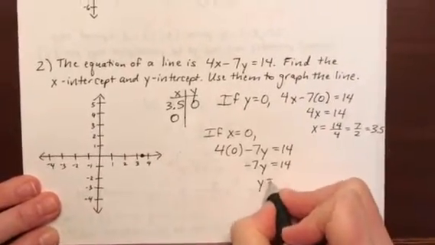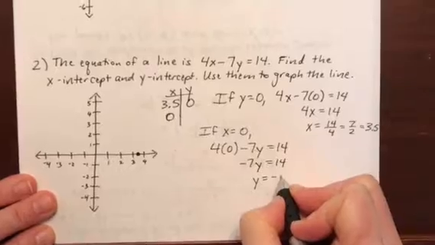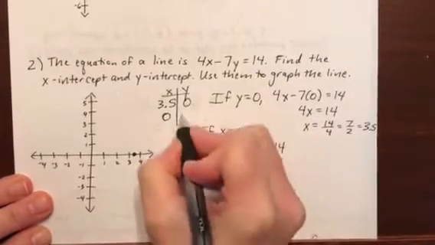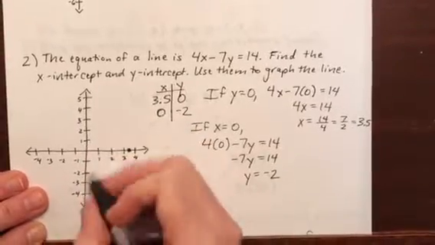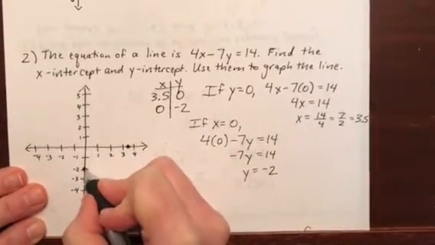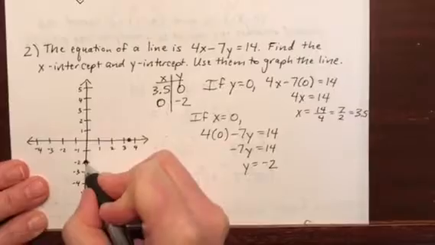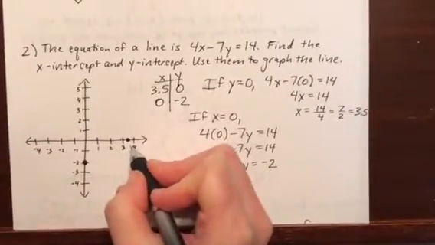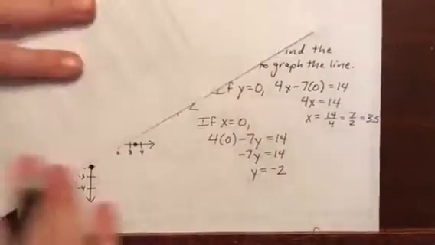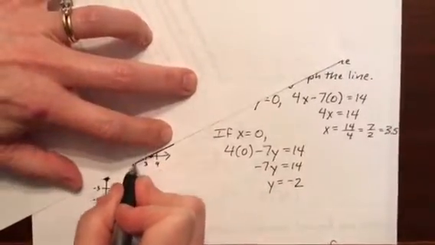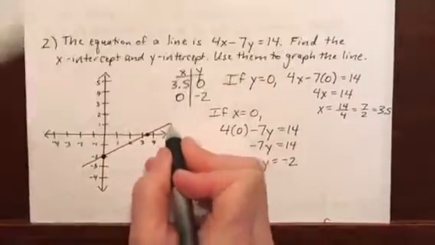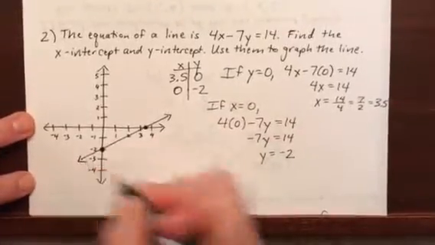Divide both sides by negative 7, and that would be negative 2. So our y-intercept is negative 2. So on our y-axis, go down to the negative 2. Put our point there. And now we'll use this y-intercept and x-intercept, connect those to draw our line. And so that's how this line would look.